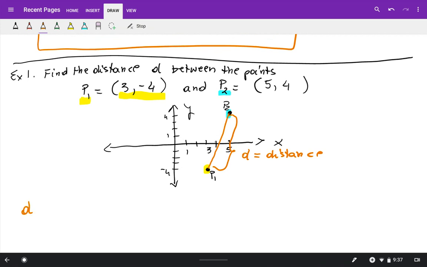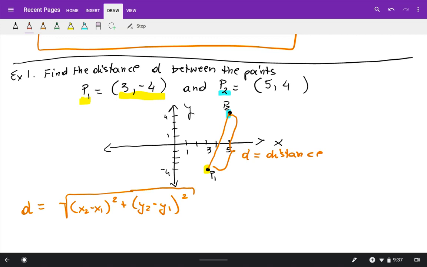So the distance formula between 2 points equals the square root of (x2 minus x1) squared plus (y2 minus y1) squared.